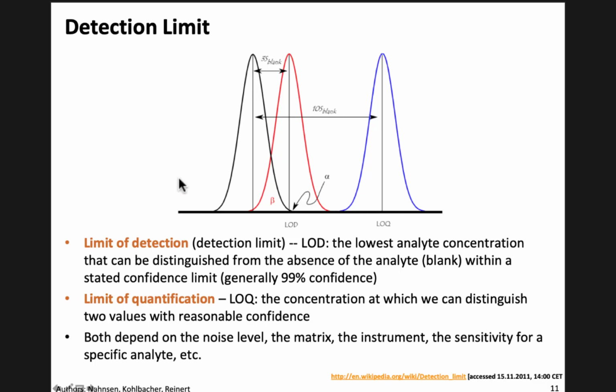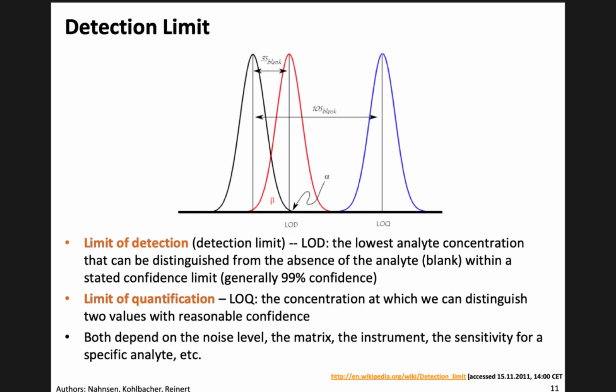Basically, you can imagine that if you are not far enough away from the noise level, you will not be able to reliably pick that up. And for the limit of quantification, you need to know whether you can distinguish two values with reasonable confidence. And if you specify that, you also know how far down you can go.